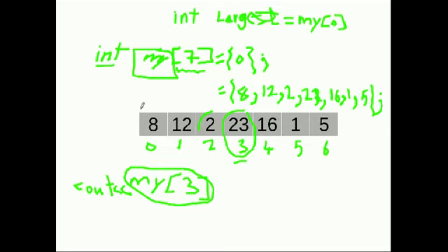Integer largest. Now we'll check largest. What am I going to do? If largest is less than 12, I'll set 12 as largest.